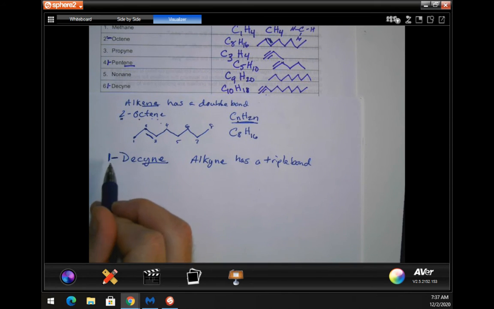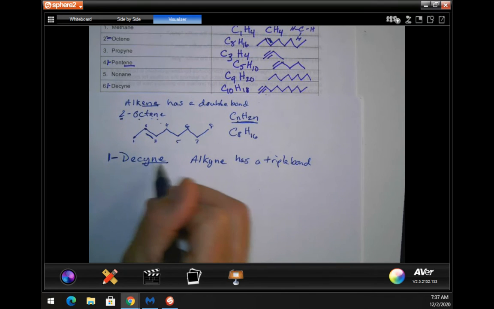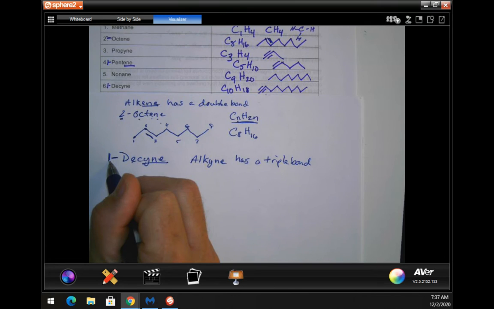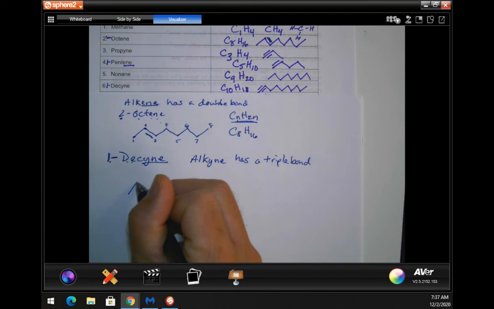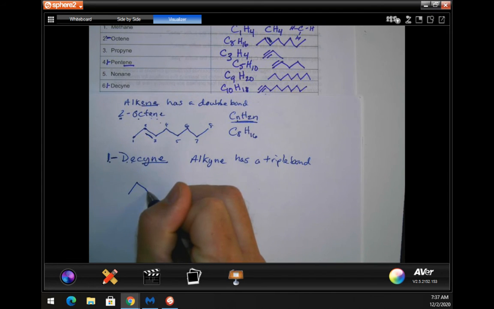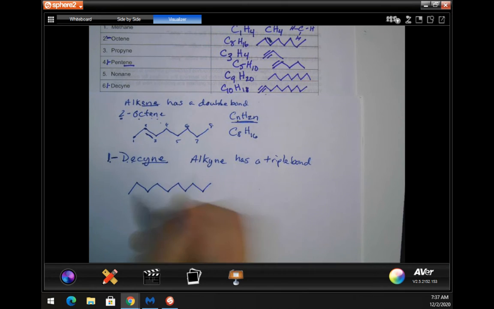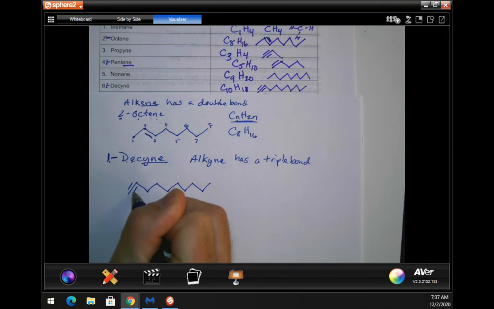That's saying a triple bond with 10 carbons, and the first carbon has the triple bond. So 1, 2, 3, 4, 5, 6, 7, 8, 9, 10. It's just going to be like that.